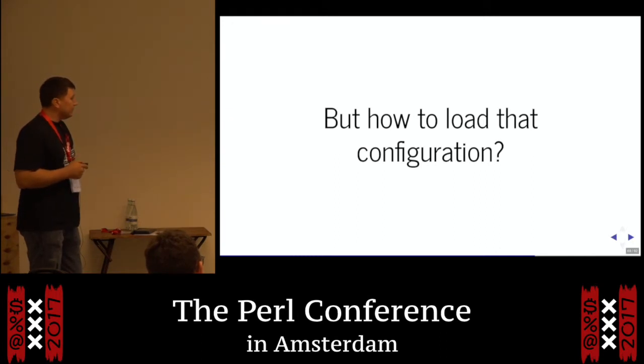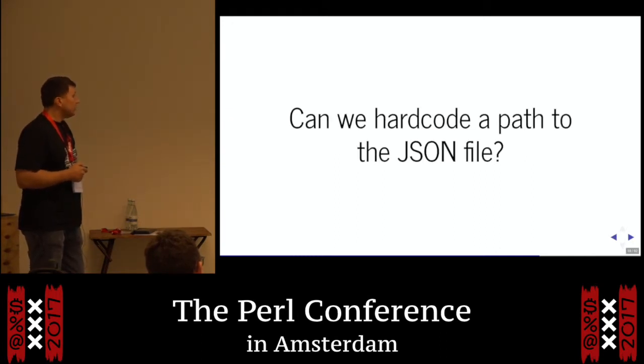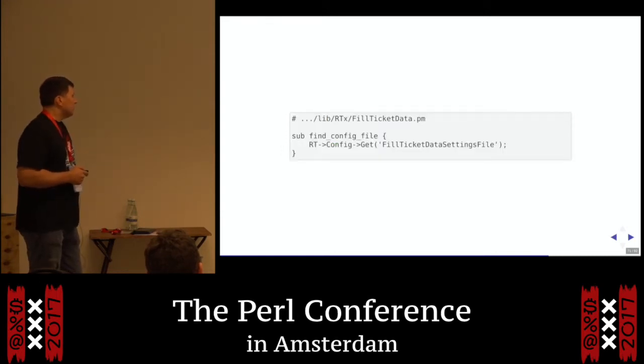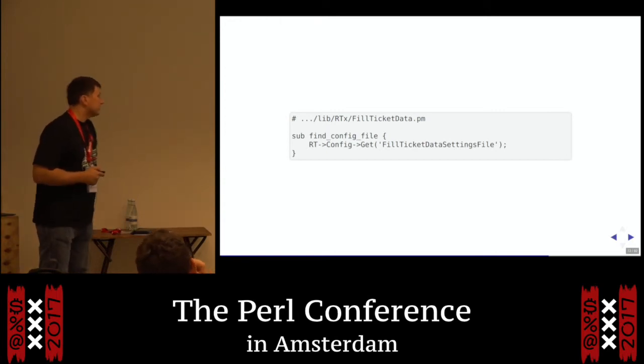So we don't hard code it, but instead we use the RT site config file and specify the full path to the JSON file in our custom option. And here in our plugin's code, we use RT model and get this configuration using its internal functions for that.